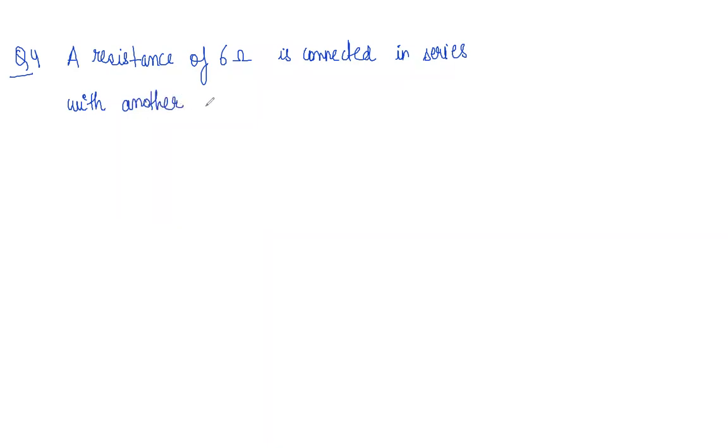A resistance of 6 ohm is connected in series with another resistance of 4 ohm.